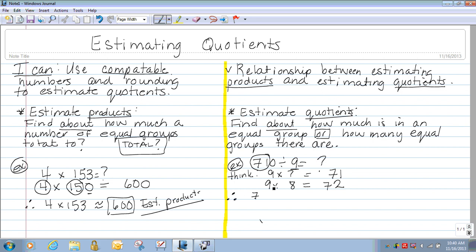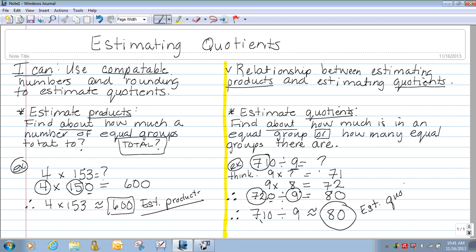Therefore, if I make 71 into 72, I place my 0, and I divide it by 9. 72 divided by 9 equals 8. I place my 0, and that equals 80. Therefore, 710 divided by 9 is about 80. So this is our quotient that we estimated. Push pause.